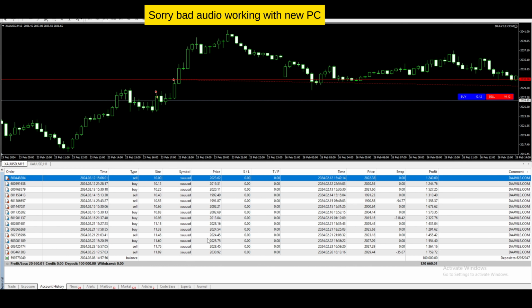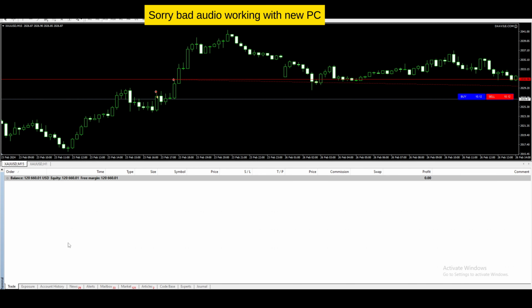So in reality, if you manage the backend, especially during news, you can get a lot of good results with low risk, and issues with margin especially won't be there. So one lot is in theory very safe so far.